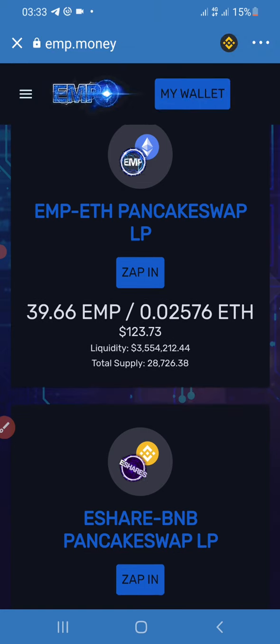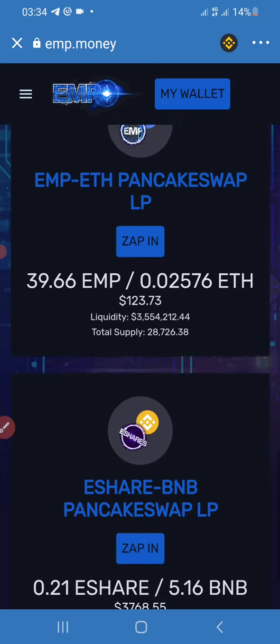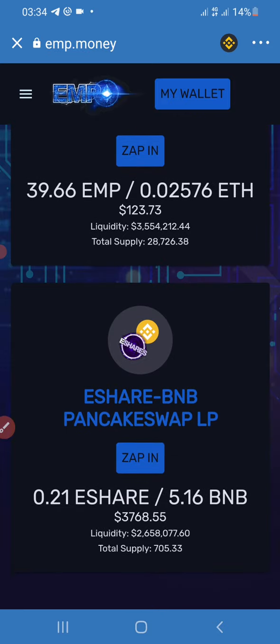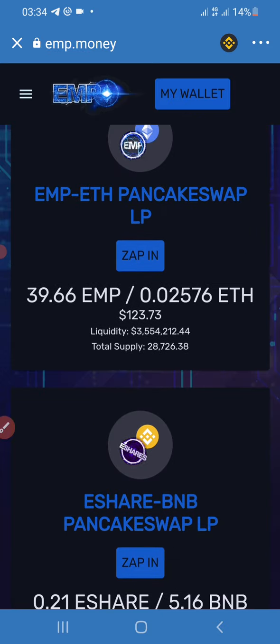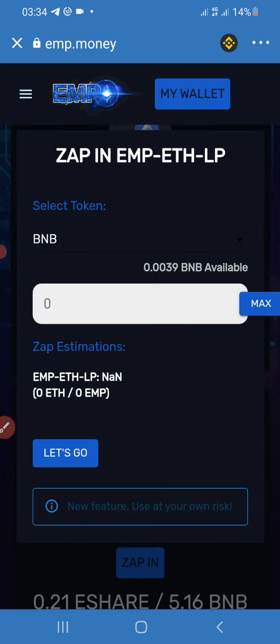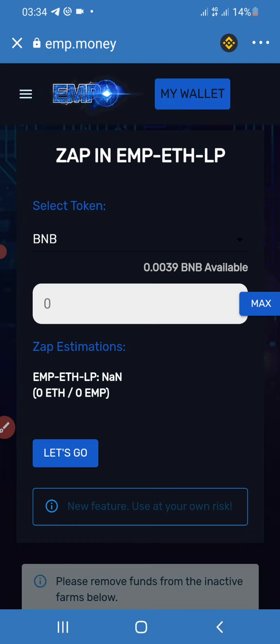Now there's one amazing thing at this point: you can choose between the ESHARE BNB or the EMP Ethereum. There are a lot of people already saturated here because this is the Zap.